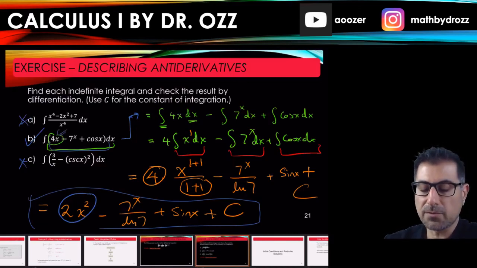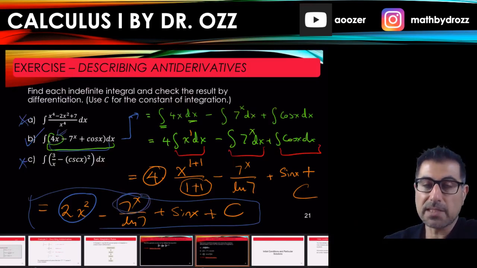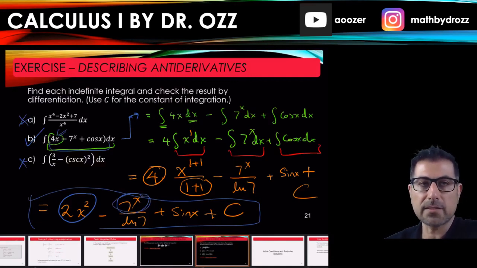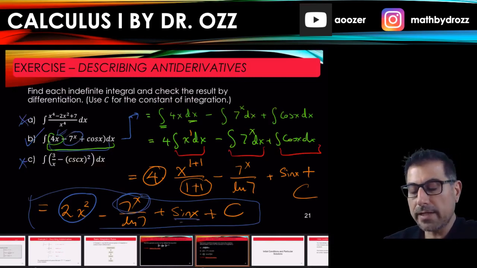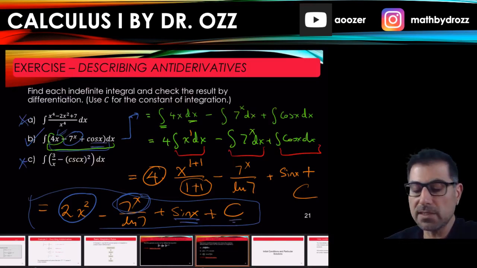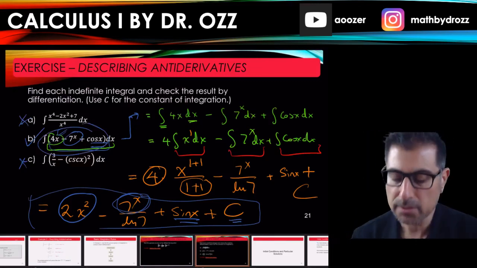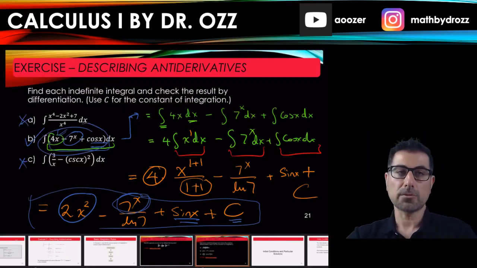If I take the derivative of 7 to the x divided by ln 7, the derivative of 7 to the x is ln 7 times 7 to the x, but the ln 7's cancel out, so you go back to 7 to the x. And we know that sine has derivative cosine. And then c has the derivative 0, so you go back to this entire integrand after the differentiation process.